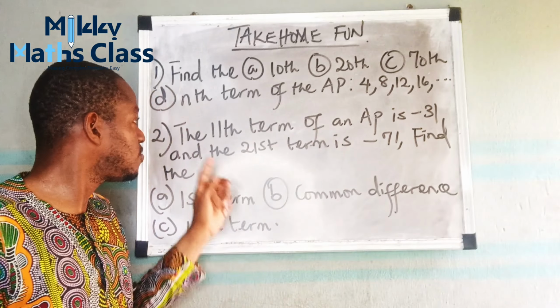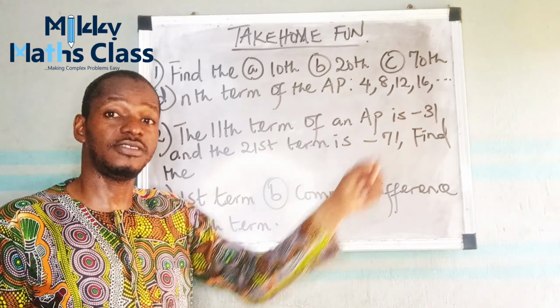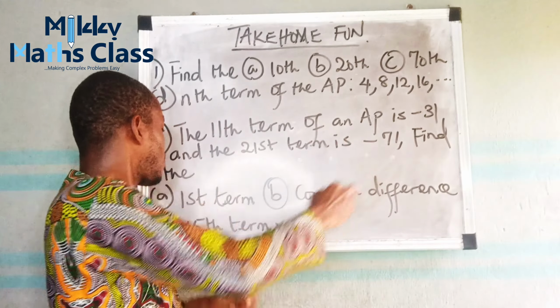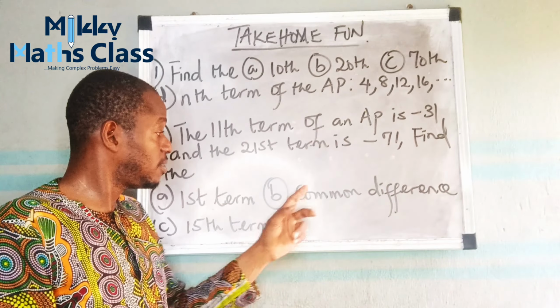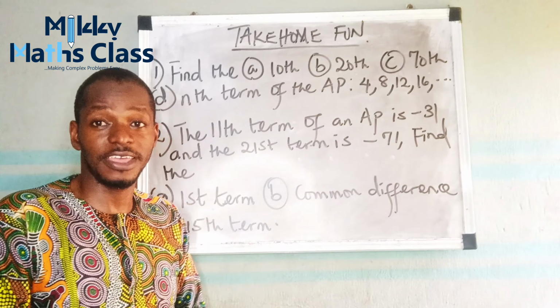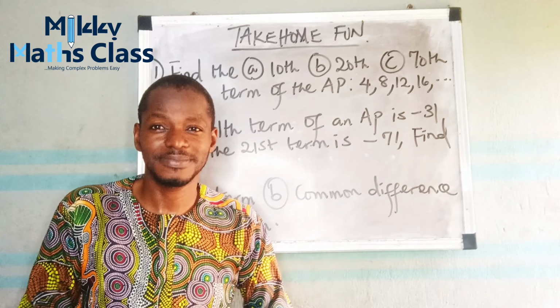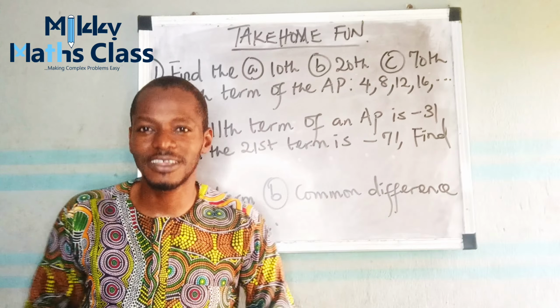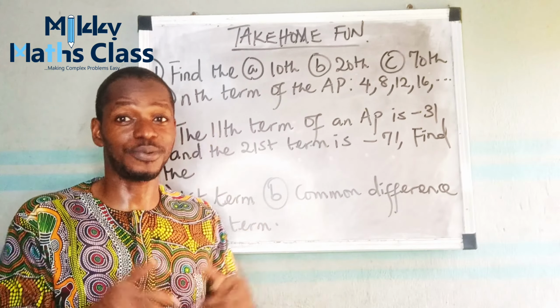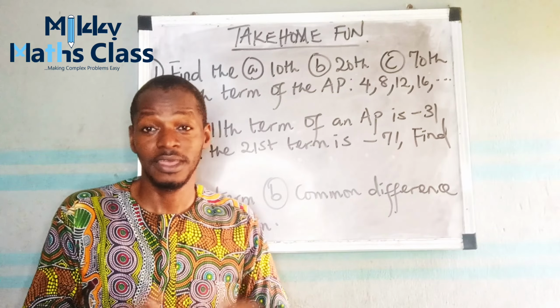And the second one says the 11th term of an AP is negative 31 and the 21st term is negative 71. Find the first term, the common difference, and the last one, the 15th term of the AP. Practice it. Let me know the answers in the comment section. I'll be glad to see that you are progressing in your mathematical journey.